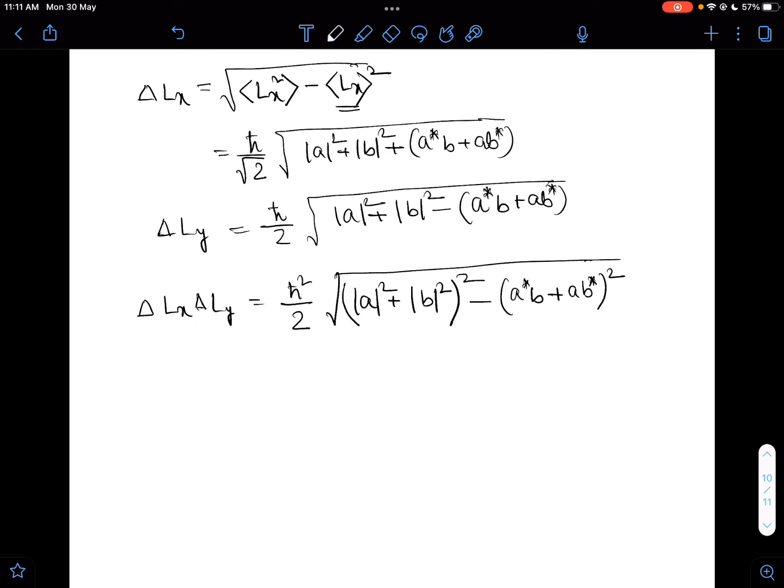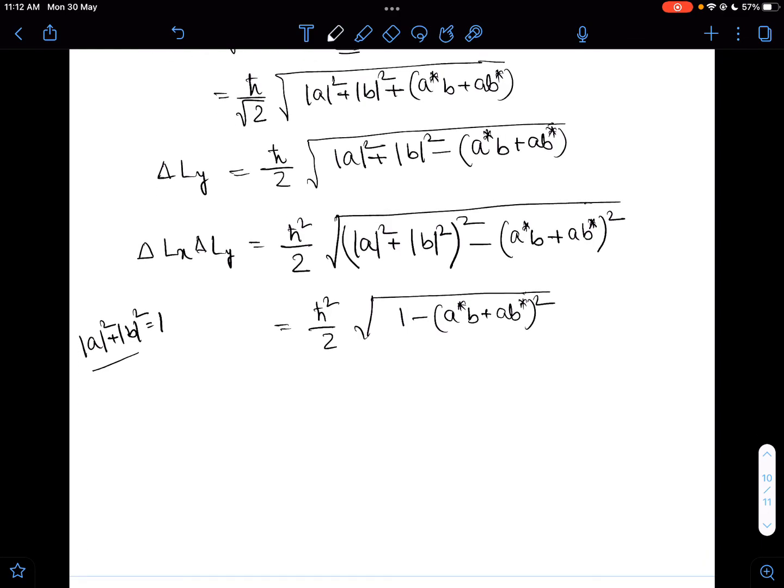And since the state is normalized, the value of |a|² plus |b|² must be 1. So we can write this as ħ²/2 times the square root of (1 minus (a*b plus ab*) squared).